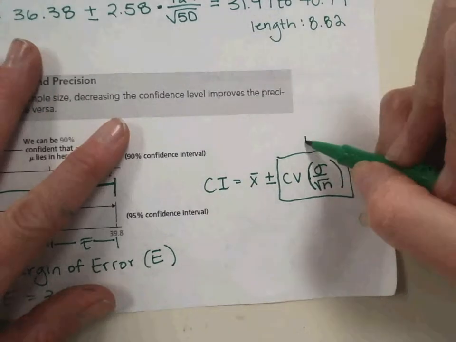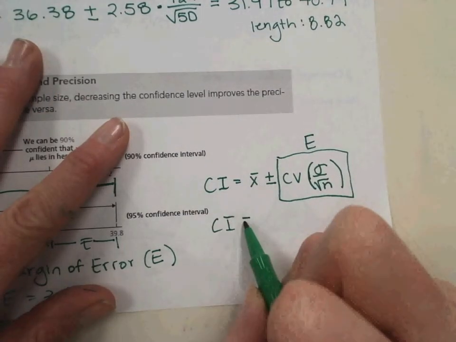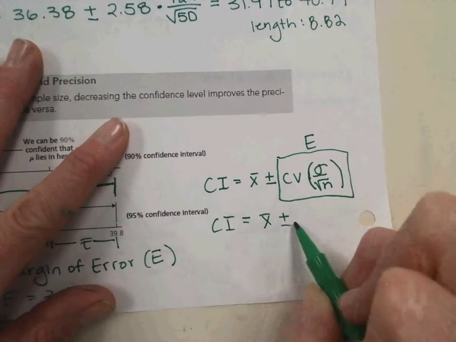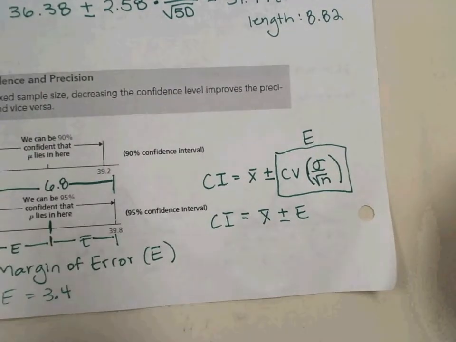You got your mean. The confidence interval is made up of the mean plus or minus the margin of error. So you could rewrite this as CI equals X bar plus or minus E. So that's your notes on confidence intervals for one population mean for the 90, 95, and 99% confidence level.